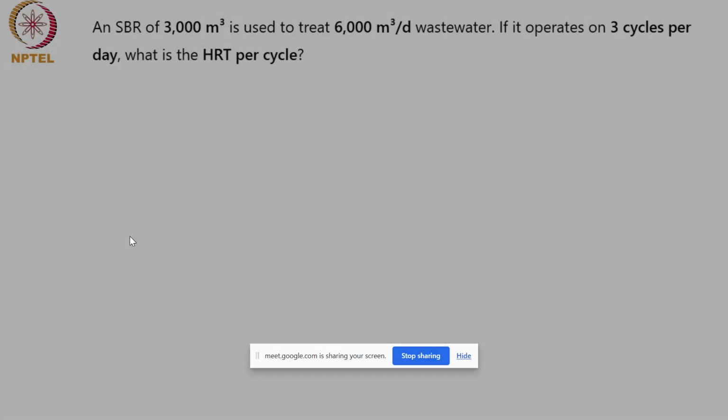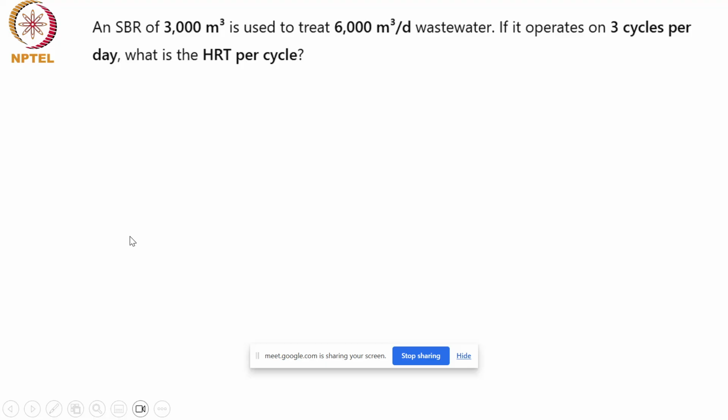So the last problem is an SBR of 3000 meter cube used to treat a given flow rate. If it operates 3 cycles per day, what is the HRT per cycle? This is also a very simple problem. This is problem number 11.